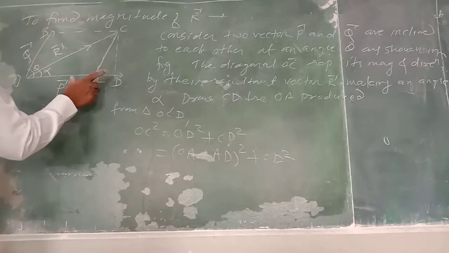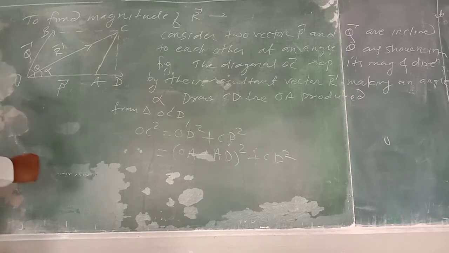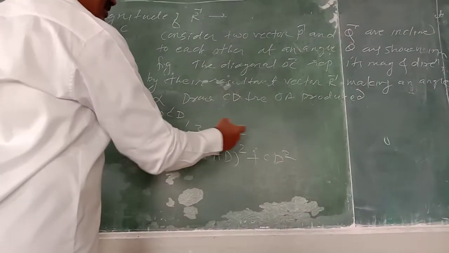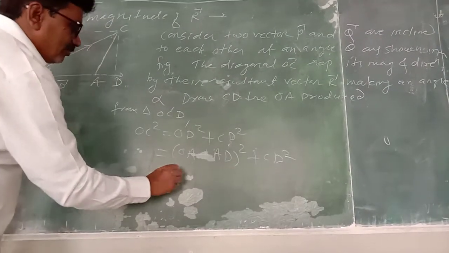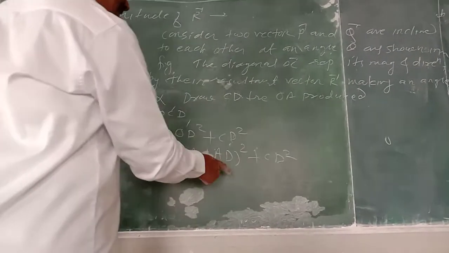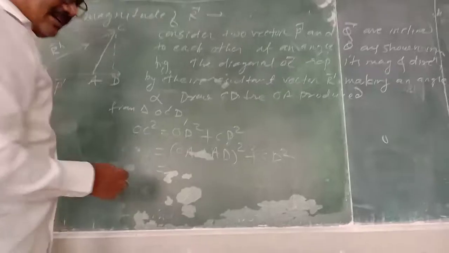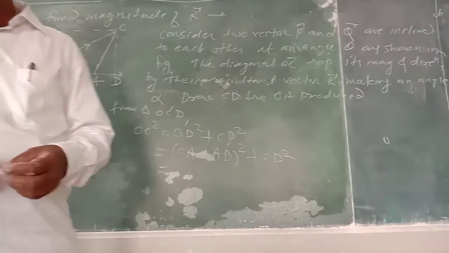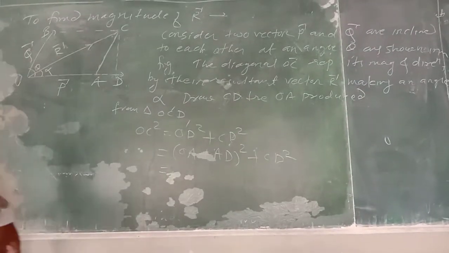This is the OA and AD bracket square plus CD square. Now you can use the formula (A plus B) square and find the next equations.